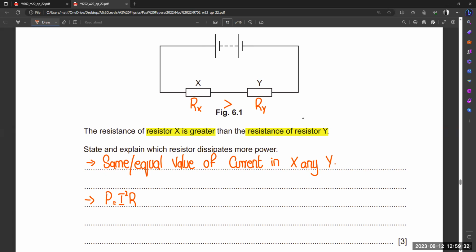But the resistances of both resistors are not equal: Rx is greater than Ry.